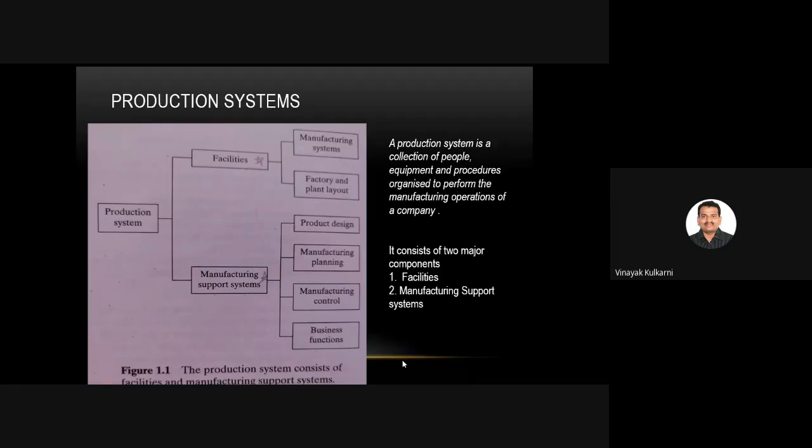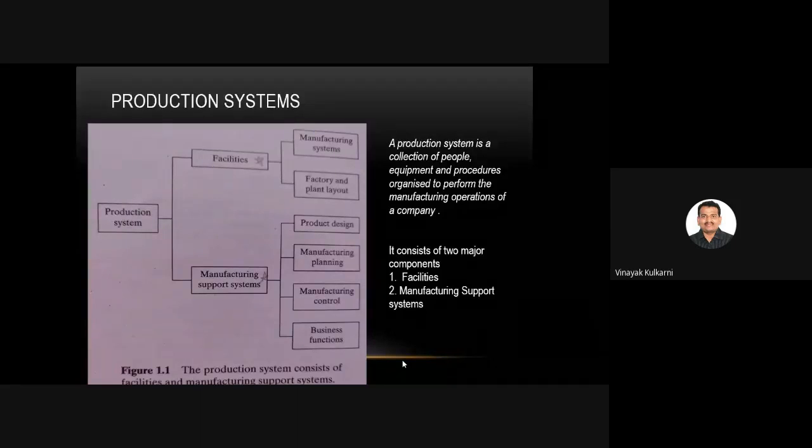In modern manufacturing operations, portions of the production systems are automated or computerized. In addition, production systems include people. People make these systems work. Nothing is fully automated. You cannot tell the CNC system to directly sit and machine a part.